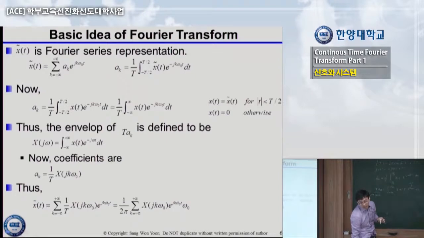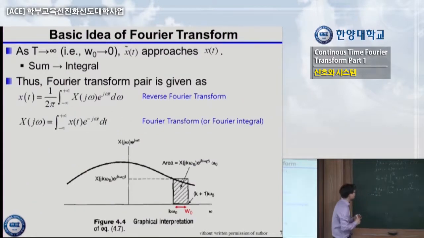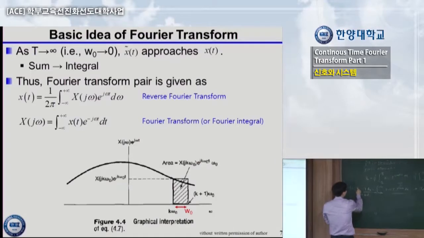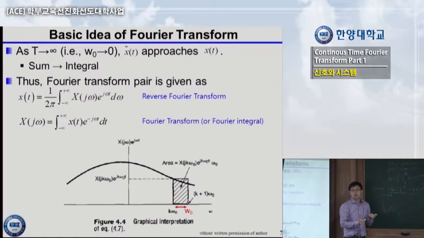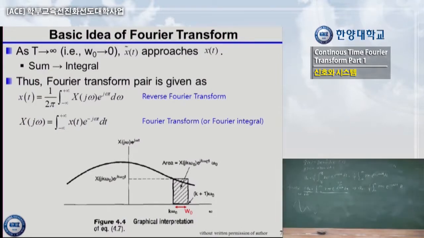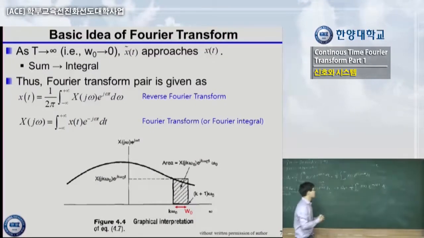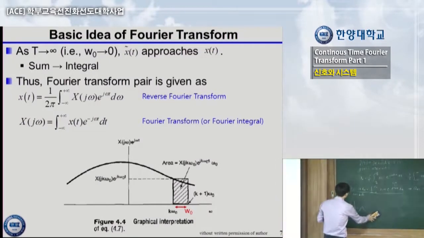Let's skip this one for a minute and go to this page. Previously, we defined this as a function of omega. To reach the original line from the sampling, we make omega infinitely small, that is, T infinitely large. So keep this in mind.